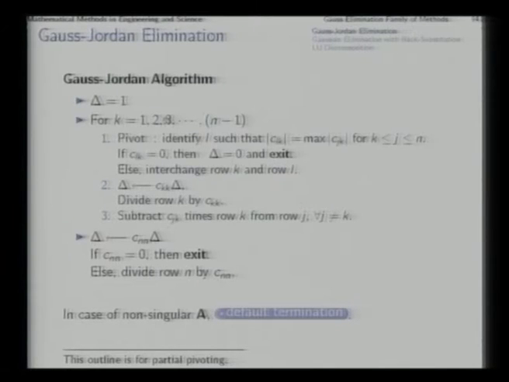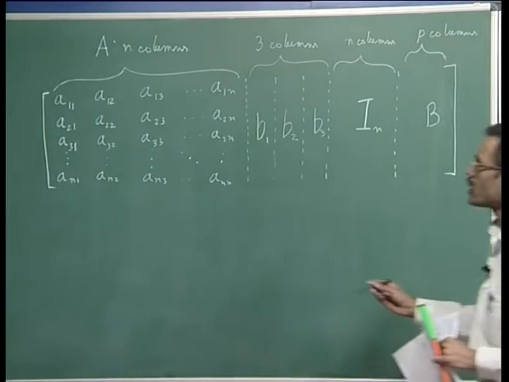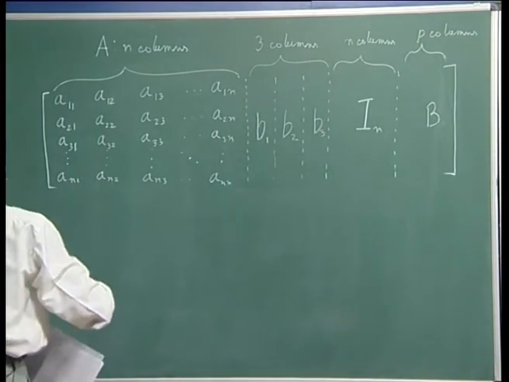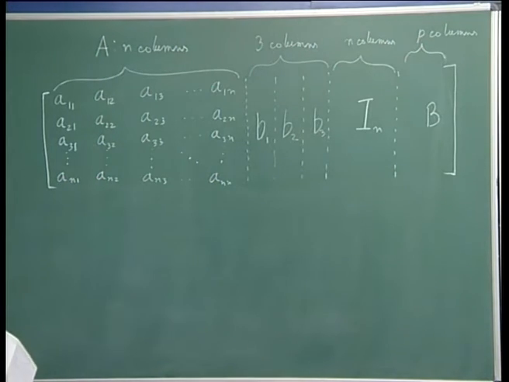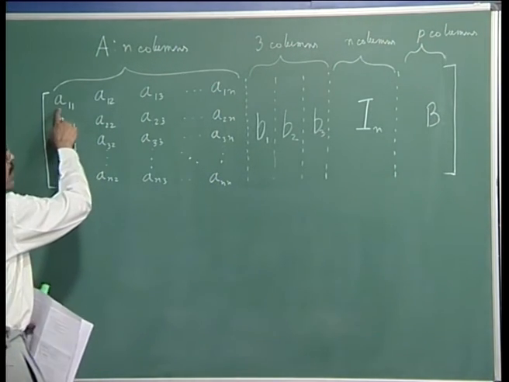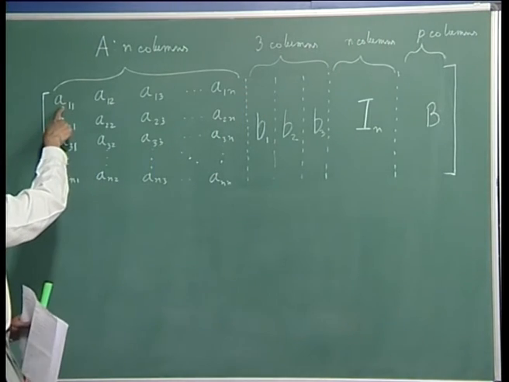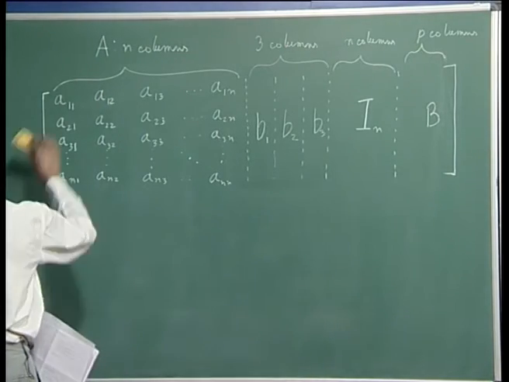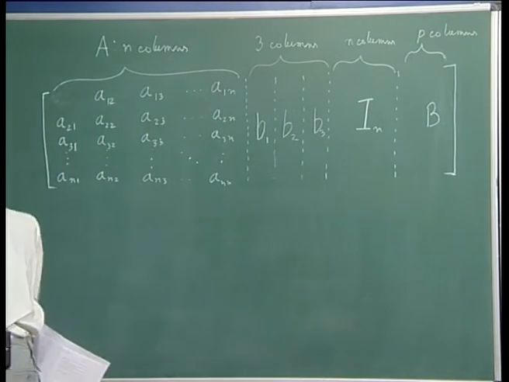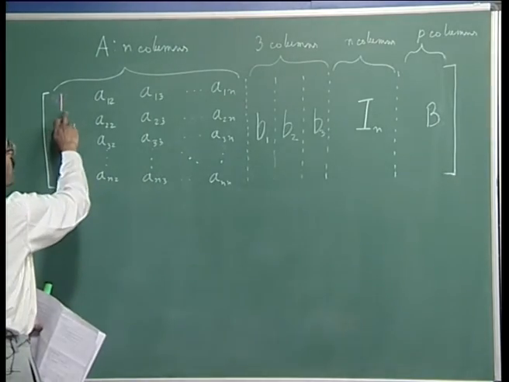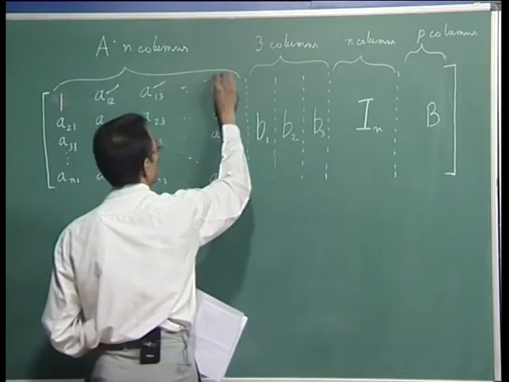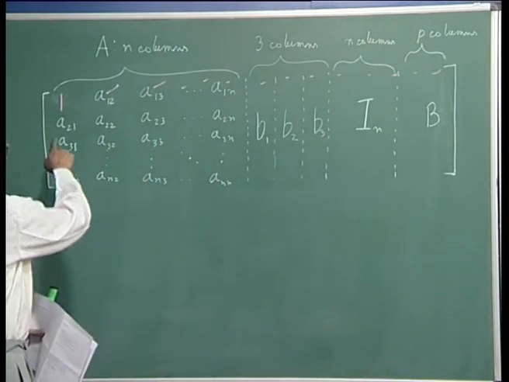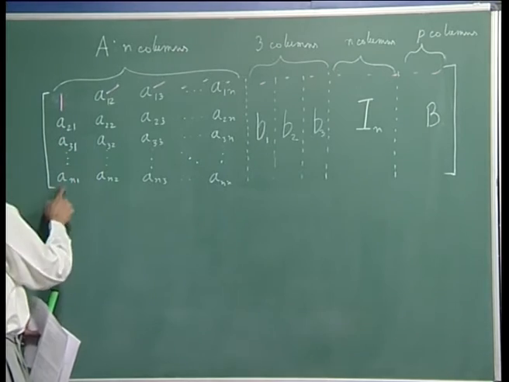First, we divide the first row by the diagonal element A11, and then this becomes 1. As we do this, all these undergo changes. Next, we want zeros in all these locations.